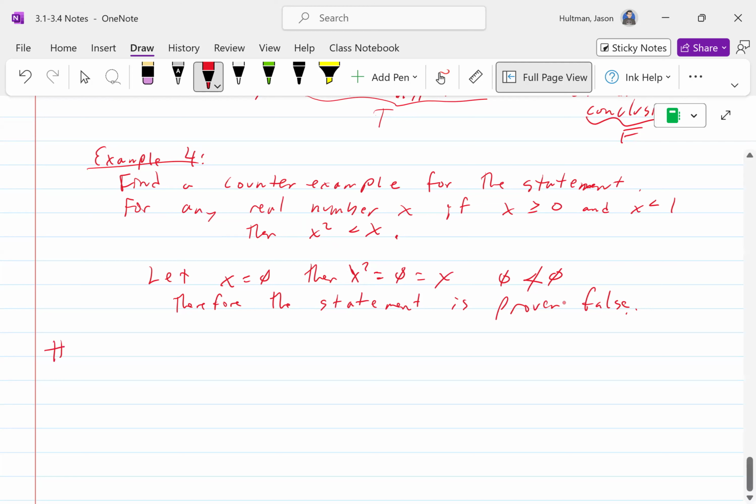Okay, proof type number 2 is a constructive proof of existence.